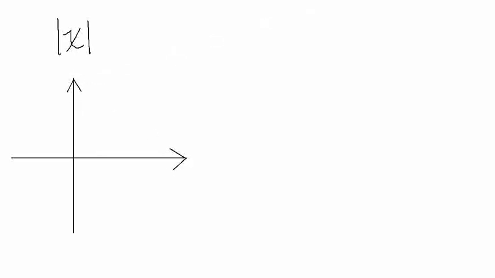I would highly recommend it because lots of absolute value functions are going to be similar to this graph, and they're going to be based on this graph in various ways, okay? So the shape of the graph of the absolute value of x is as shown there. So it corresponds to a V shape, the letter V, okay?